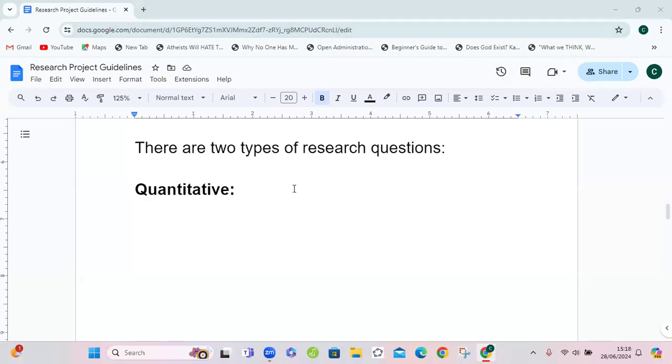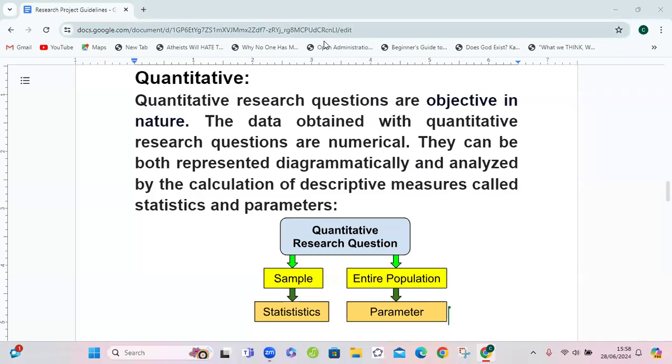So let's first talk about quantitative research questions with some examples. Quantitative research questions are objective in nature. The data obtained with quantitative research questions are numerical. They can be, well, that's numbers, yes.